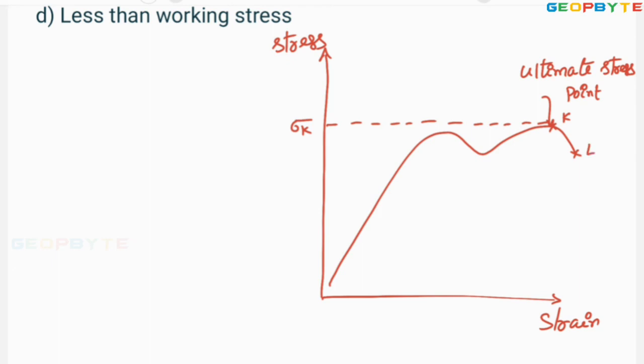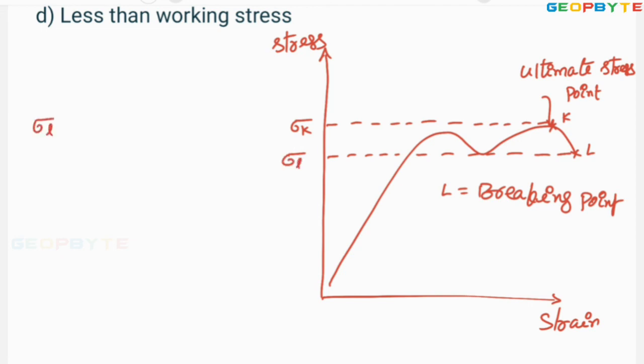Let this be L, equal to the breaking point. At the breaking point, the stress is called breaking stress. The breaking stress is sigma L. From that, sigma L is less than the ultimate stress.